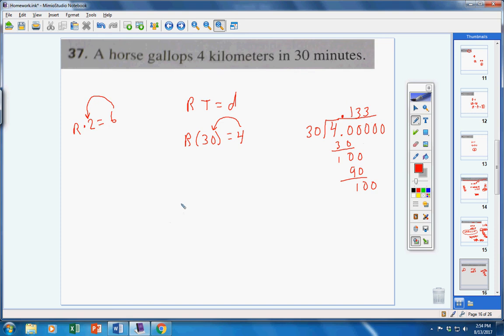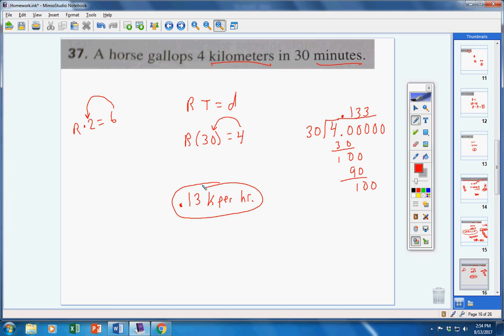So I'm simply going to put 0.13 kilometers per hour. That's the rate.